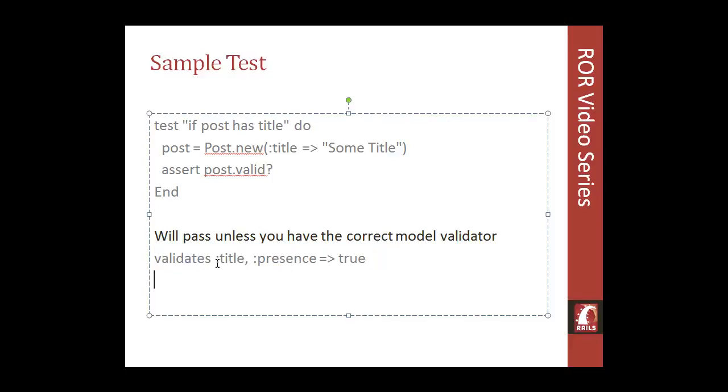You want the title to validate presence is true, so it's required. So if you have this in your post model and you write this test, it'll fail because the title is not there. If you put something in there, then it's going to pass. And that's just a very simple test.